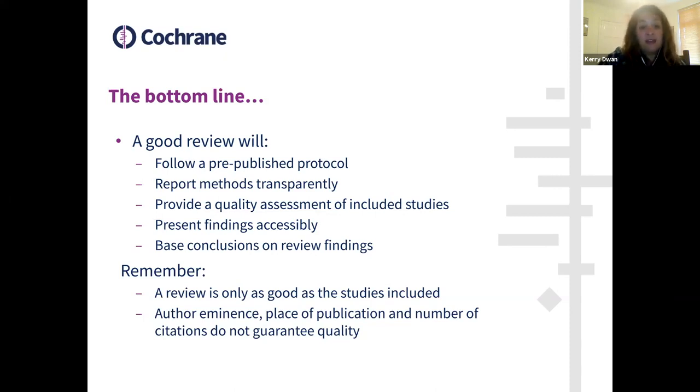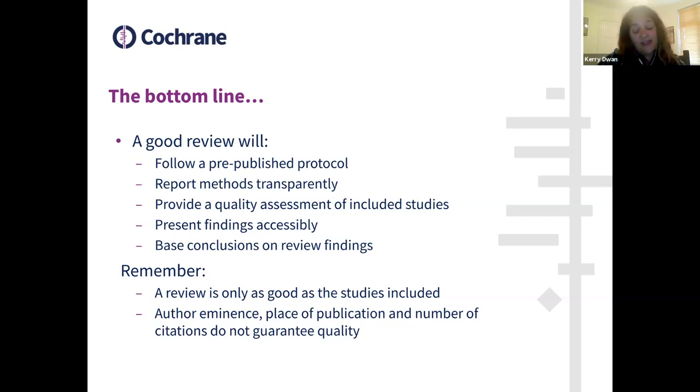Presenting the findings accessibly, as you can see with that network meta-analysis I've just gone through, it is quite difficult to summarise so much information in a succinct way to make it readable for patients and clinicians, because there is a lot of information there, and it's important to base the conclusions on the review findings.